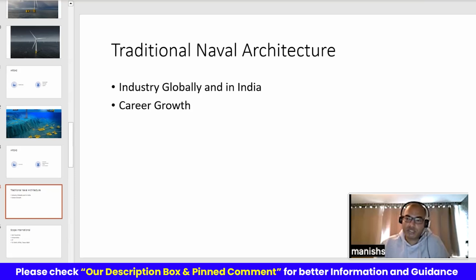For naval shipbuilding, the naval industry, the ocean industry, it will be people from a naval architect background who will be leading all this growth. If shipbuilding has to come in India, it will be led by people from a naval architect background.